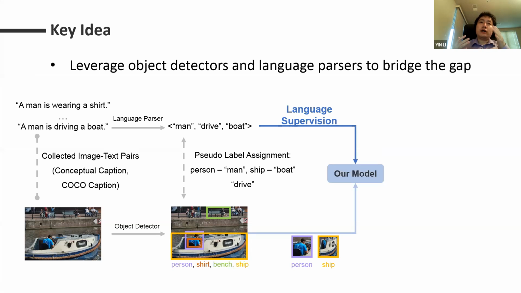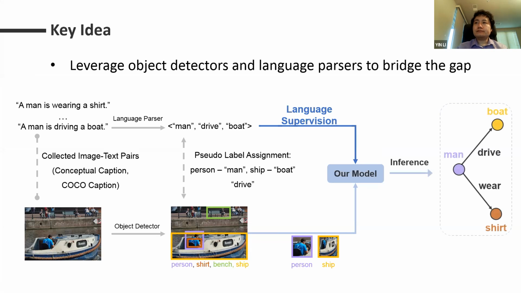Here we're trying to classify the subject, the predicate, and the object. During inference, we again run the object detector. We enumerate over all possible pairs of these image regions and send them to our model. Each of them will create a triplet, and we aggregate these triplets all together to form the final scene graph.